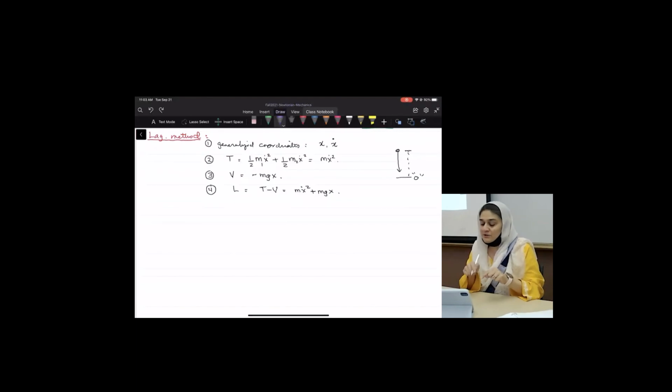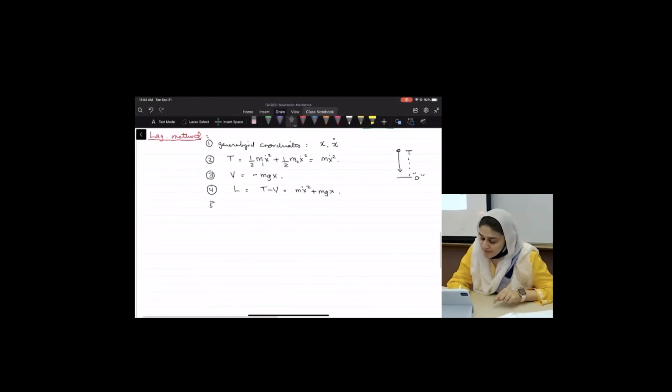What would that equation look like for this scenario? Number 5. So we chose equation 1. What will that look like? d over dt, partial L over partial x dot, very good, minus partial L over partial x equals 0.